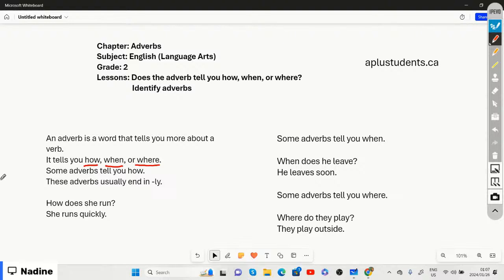And when an adverb tells you how, these adverbs usually end in ly. For example, the question is, how does she run? She runs quickly, which means that our adverb is quickly and it ends in ly.